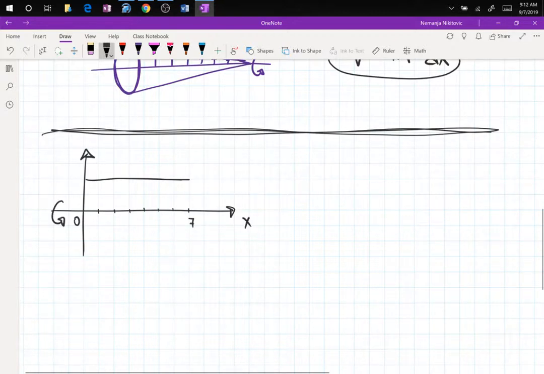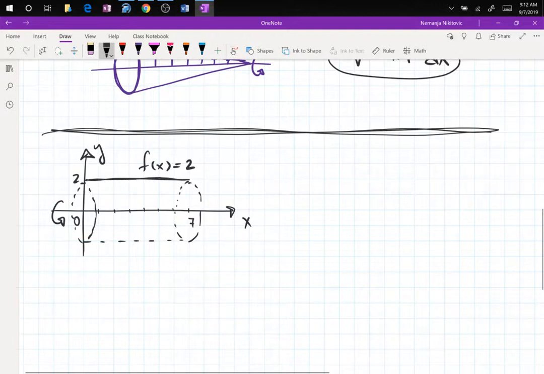We rotate this on the x-axis, which would put the line on the bottom as well and create, you know what, I'm going to go with a dashed line and dashed circles over here. So we know that our f of x is just equal to 2, because that's the y equals 2 line. And you are rotating that between 0 and 7.